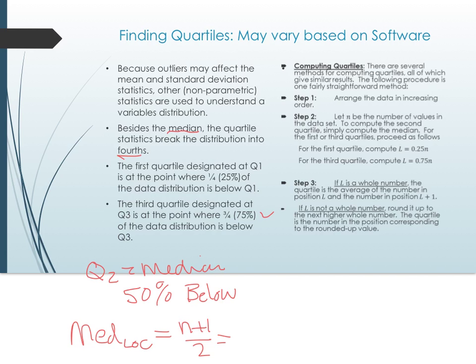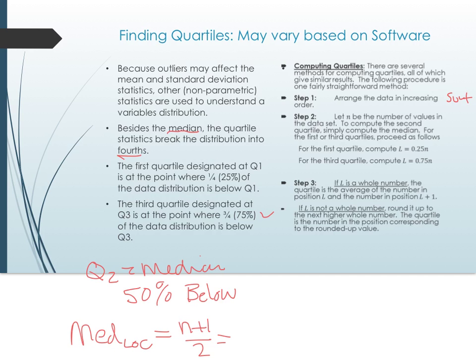So as I said, the methods may vary, but they'll be somewhat similar. The first step is to arrange the data in increasing order. That means sort. Let n be the number of values in the data set. To compute the second quartile, simply compute the median.